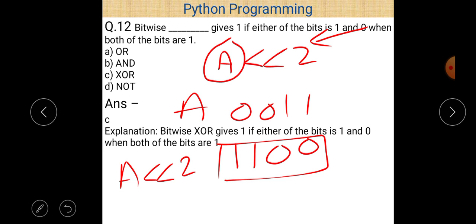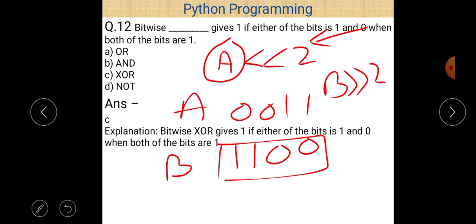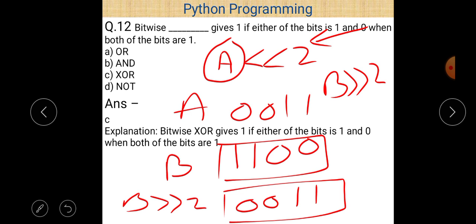Okay. Right shift is just the opposite of that operation. Again, for example, if this is the value of b and we have to find b right shift 2, then we get the number 0011, the same number which was before the left shift.